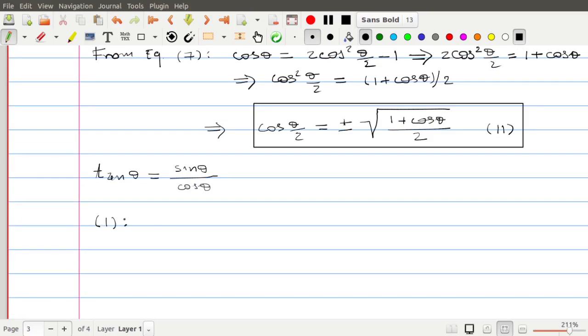Okay, so from equation 1, if you remember, equation 1 reads cosine squared theta plus sine squared theta equal to 1. So if we divide both sides by cosine squared, because we want the ratio sine by cosine, this implies that 1 plus sine squared theta divided by cosine squared theta.